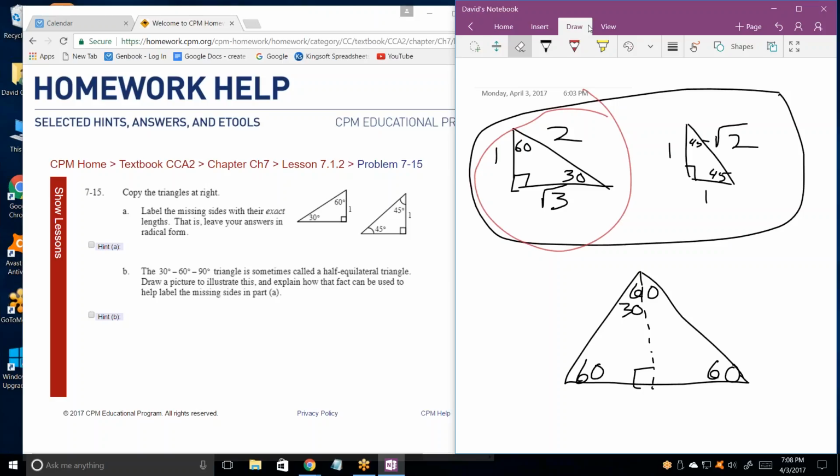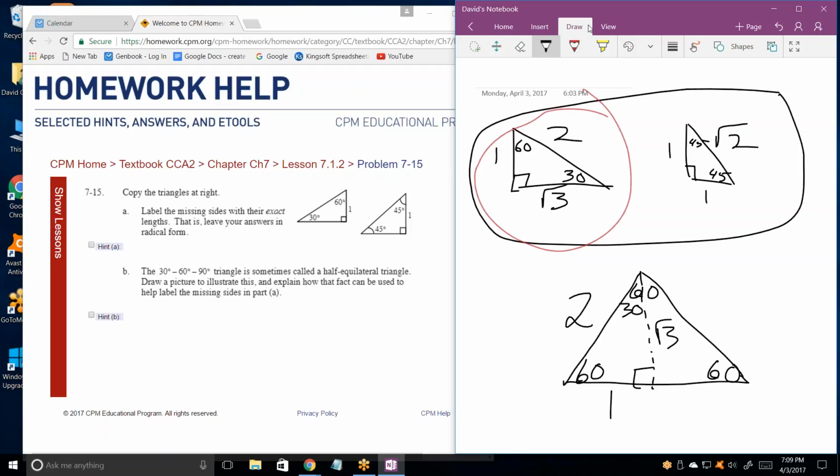Now, part B of 7-15. Well, if I know my hypotenuse is 2, I know this side is 2, and this is half of 2, so that's 1. Now I can use the Pythagorean theorem to figure out that that's root 3.